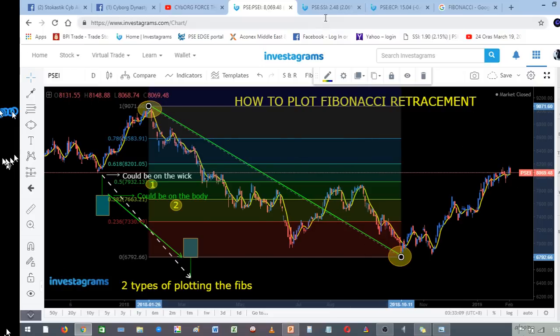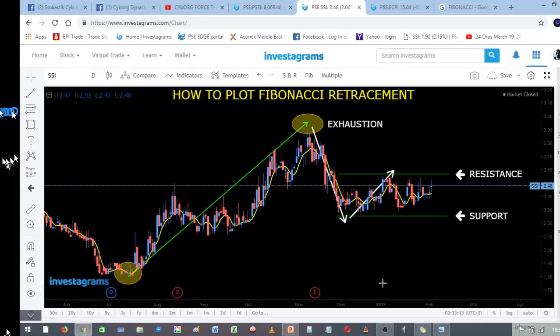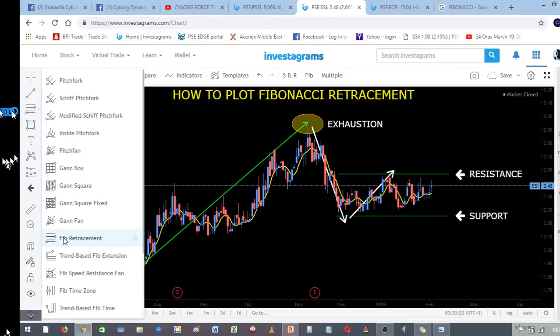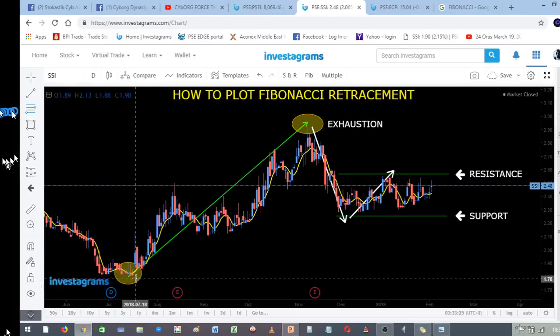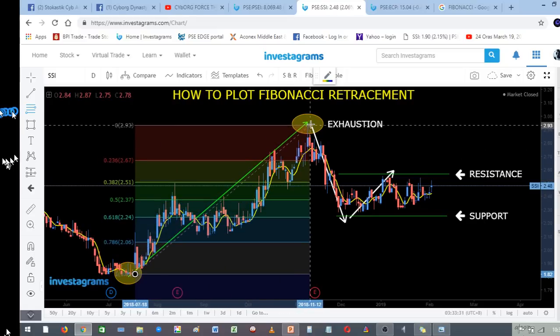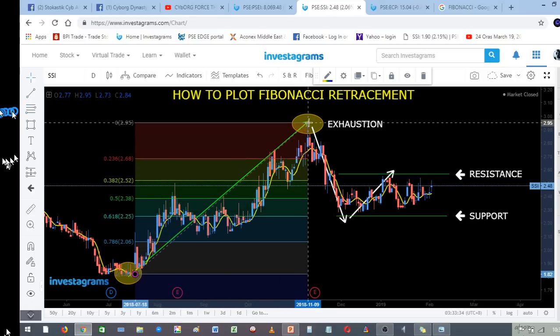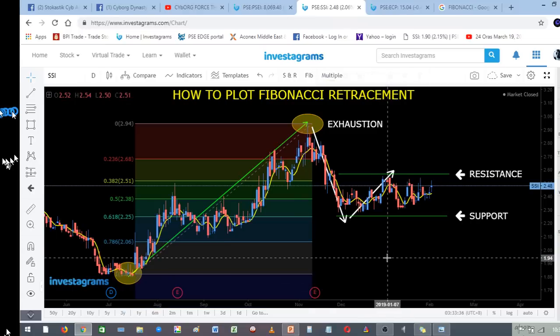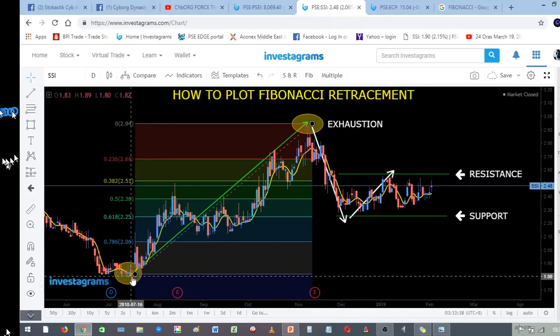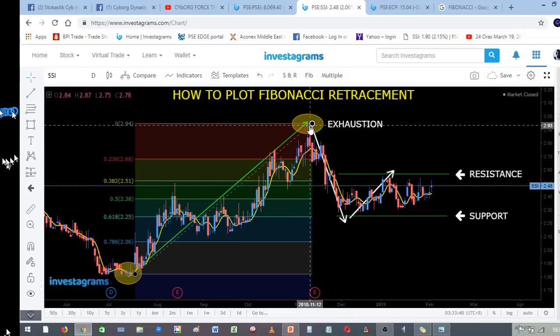The second type is from swing low to swing high. Click on this icon, locate Fibonacci retracement, and locate your point 1 from swing low to swing high. It's either on the body of the candle or on the wick of the candle.